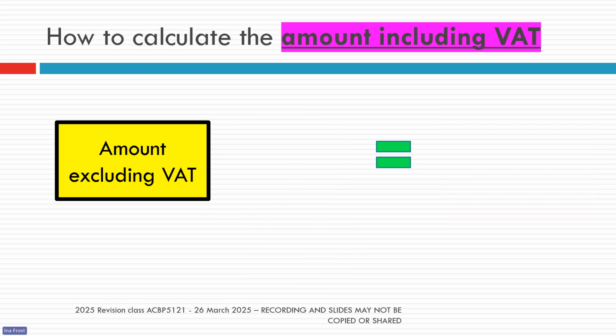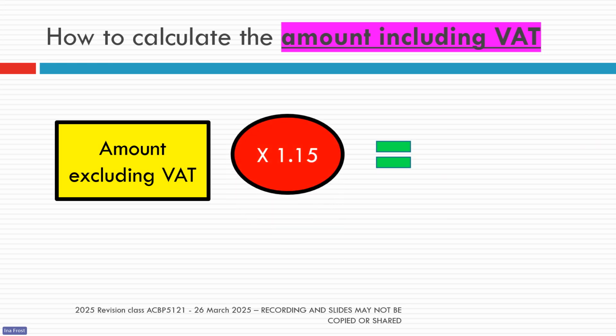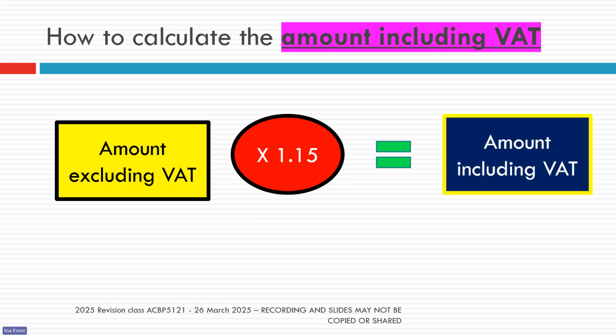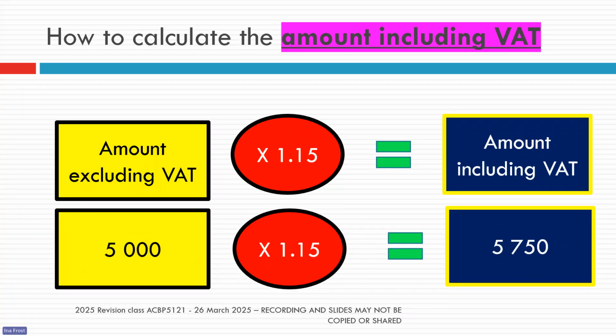So now the next thing you need to be able to do is, if I give you the amount excluding VAT, and I'm asking you to calculate the amount including VAT. So we have the amount excluding VAT. We're going to multiply now with 1.15, and that's going to give you the amount including VAT. So let's put some numbers to it then.